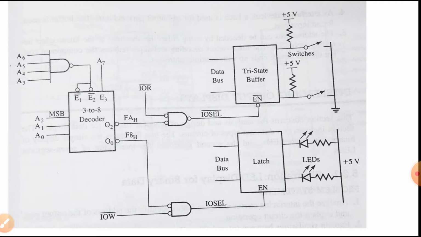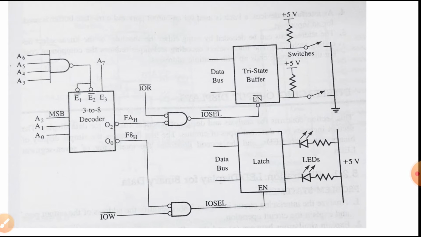So depending upon the value from A0 to A7, the output O0 will define the address of the port in which the LED is connected. Similarly, the condition of A0 to A7 along with the O2 output of the 3 to 8 decoder is connected with the input device. So this is the circuit by which the addresses of the individual devices are generated.